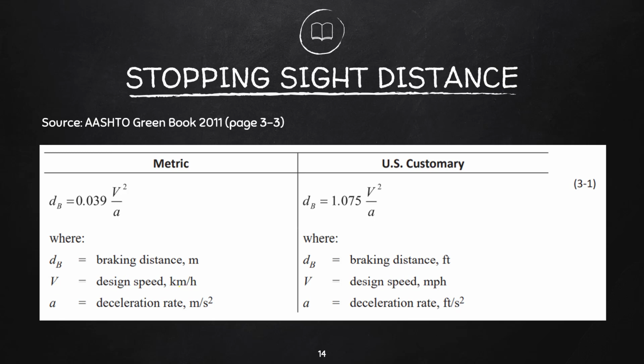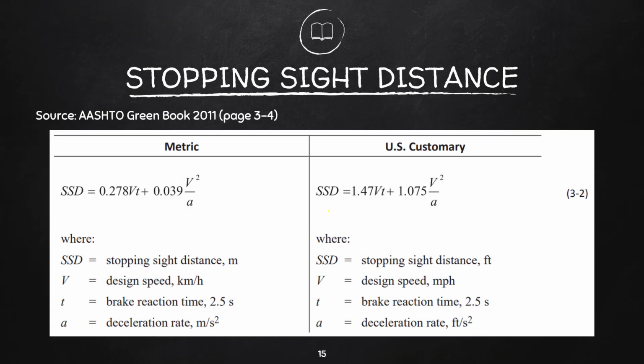So for it to be in meters per second, they introduced this factor 0.278 as the conversion factor. Okay, you already know that. And you have your SSD. Again, the factors before the variables are just conversion factors. Don't worry about that. You can just memorize the one that I showed you a while ago.